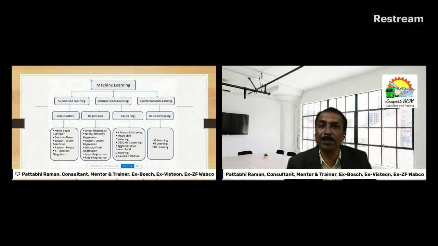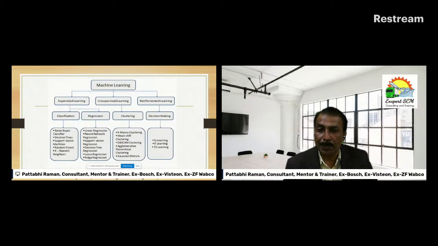Now it is able to drive on its own, but behind this there was training of this system by various drivers over a period of maybe multiple years. So the system is able to learn what is the speed of the driver, when he is stopping, how he is stopping, when there is a signal what he is doing, when something is crossing what he is doing. All this comes under machine learning.